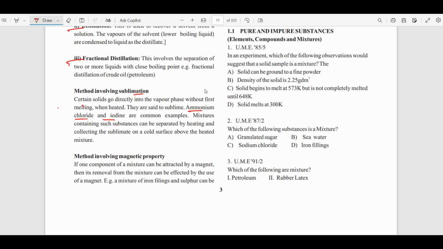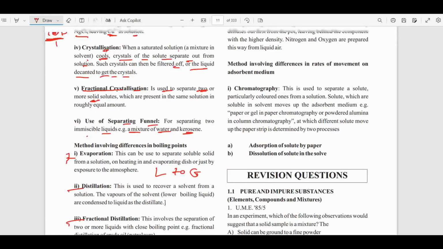So if you have iodine, for example, and ammonium chloride, iodine is known to sublime. So the mixture containing such can be separated by heating and collecting the sublimate on a cold surface above the heated mixture.